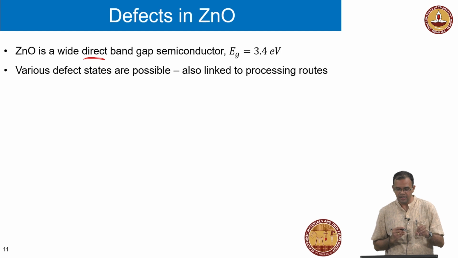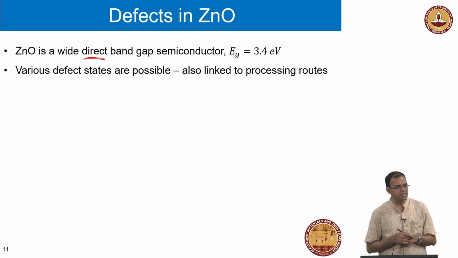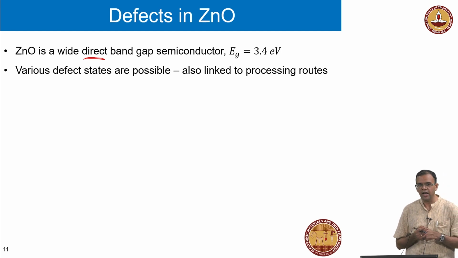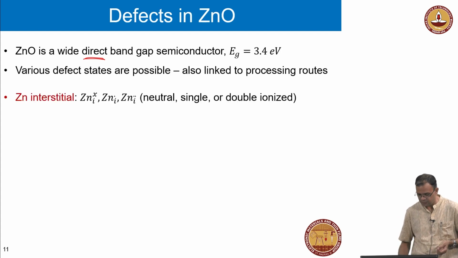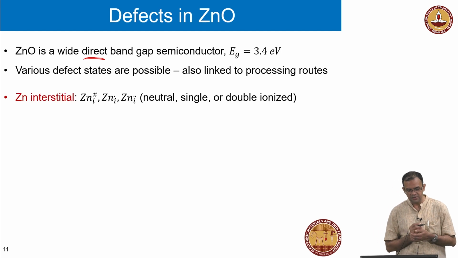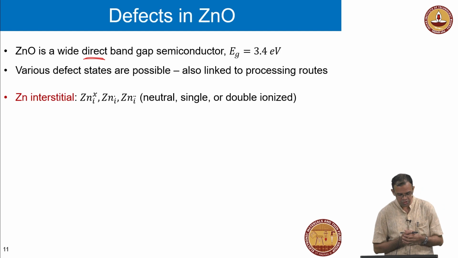Zinc oxide can actually have various defect states, and interestingly these defects are related to how you process the zinc oxide. So let's take the zinc site. I can have an interstitial, so my zinc atom can be in an interstitial position.